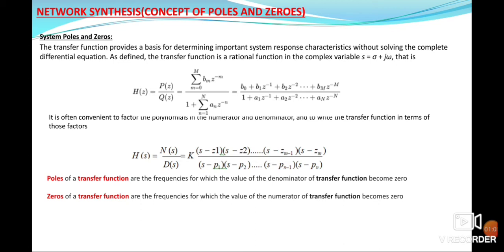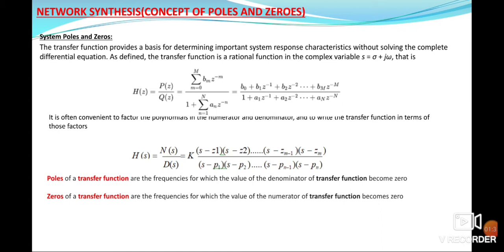So, it provides a basis for determining important system response characteristics without solving the complete differential equation. As defined, the transfer function is a rational function in the complex variable s equals sigma plus j omega.